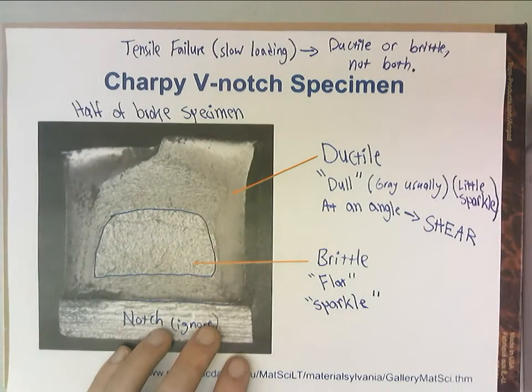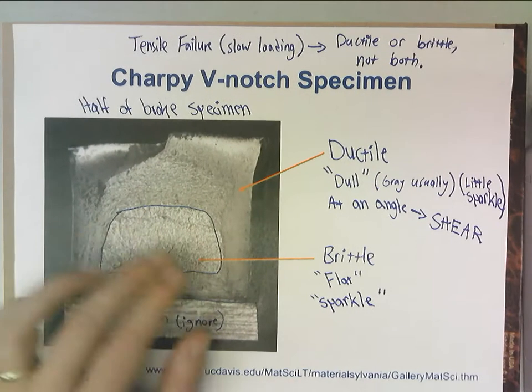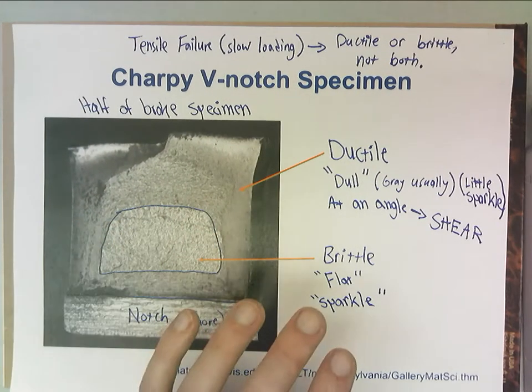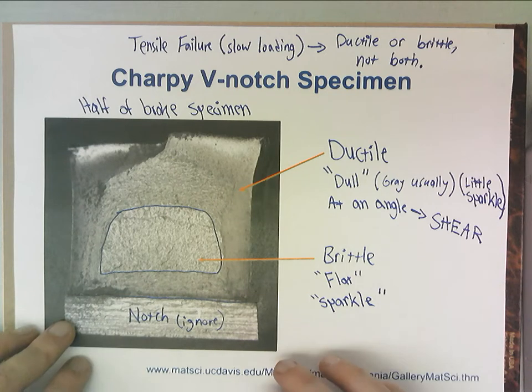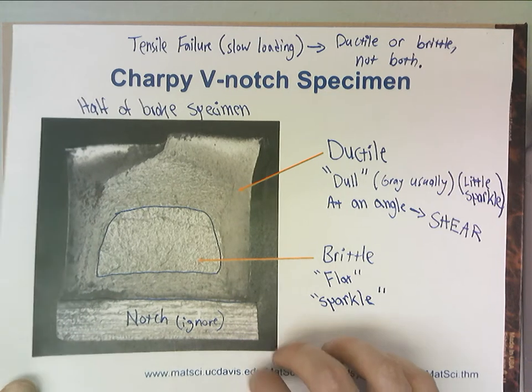Traditionally not both. In this case, we can get a mixed. We can still be all ductile or all brittle, but we can also get a mixture of behaviors. And we're going to try and take a look at that here on our document camera.